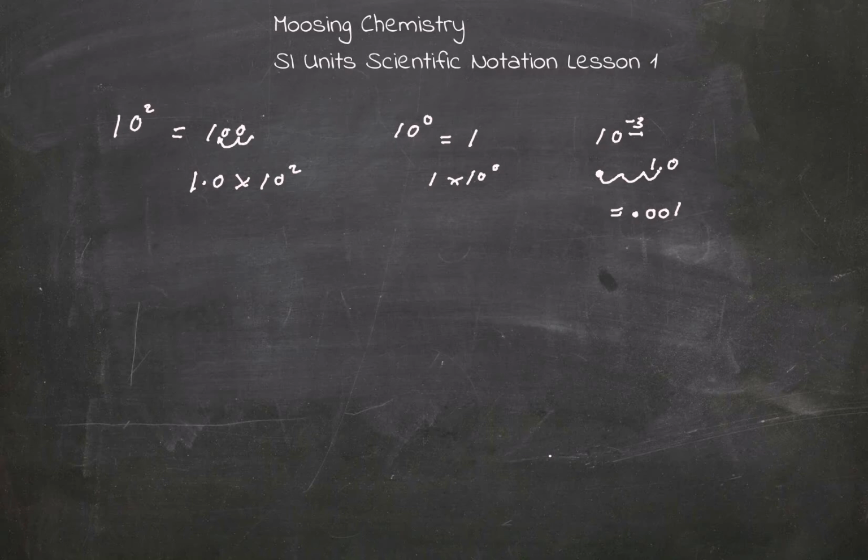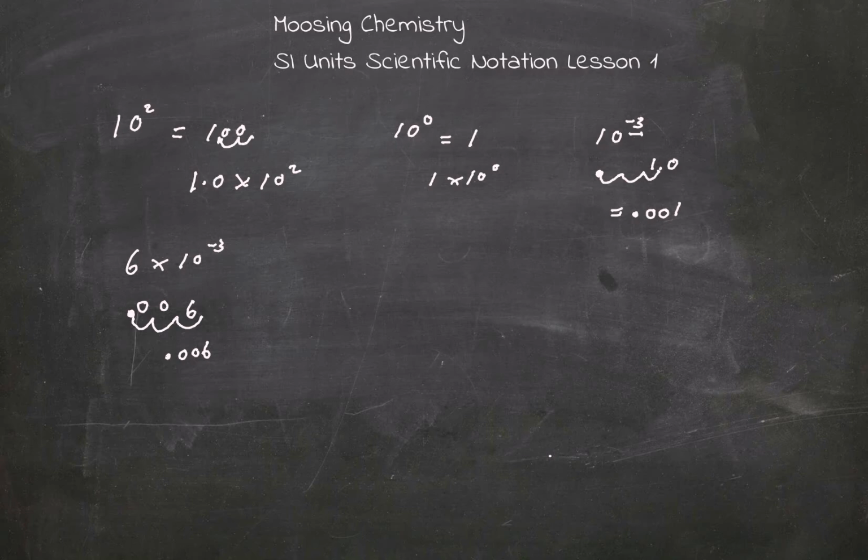Let's take another example. What if you had it set up like this? 6 times 10 to the -3. Well, we would write 6 and then we go 1, 2, 3, and you put the decimal. In those empty places, you would put in zeros. So the answer is going to be 0.006.